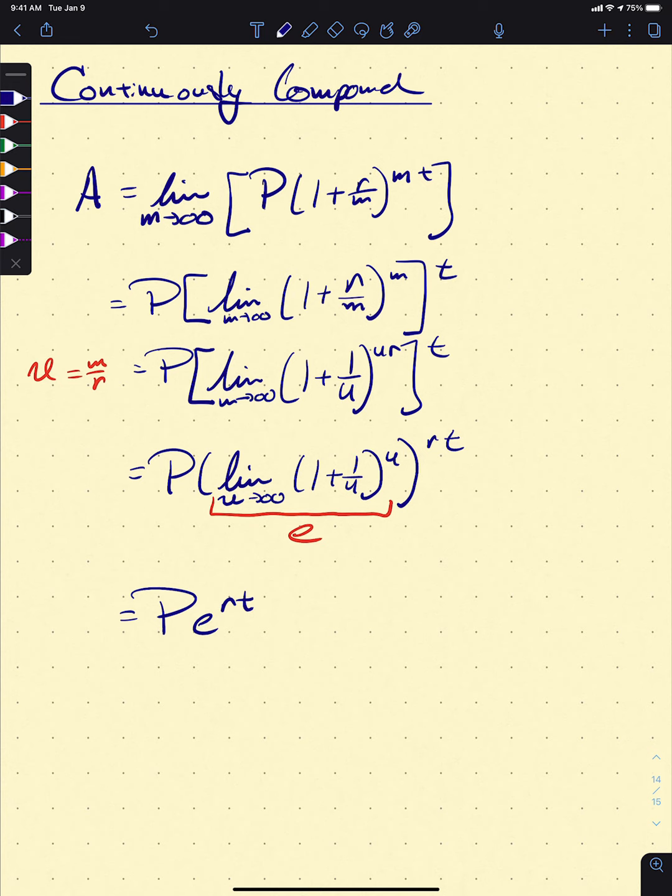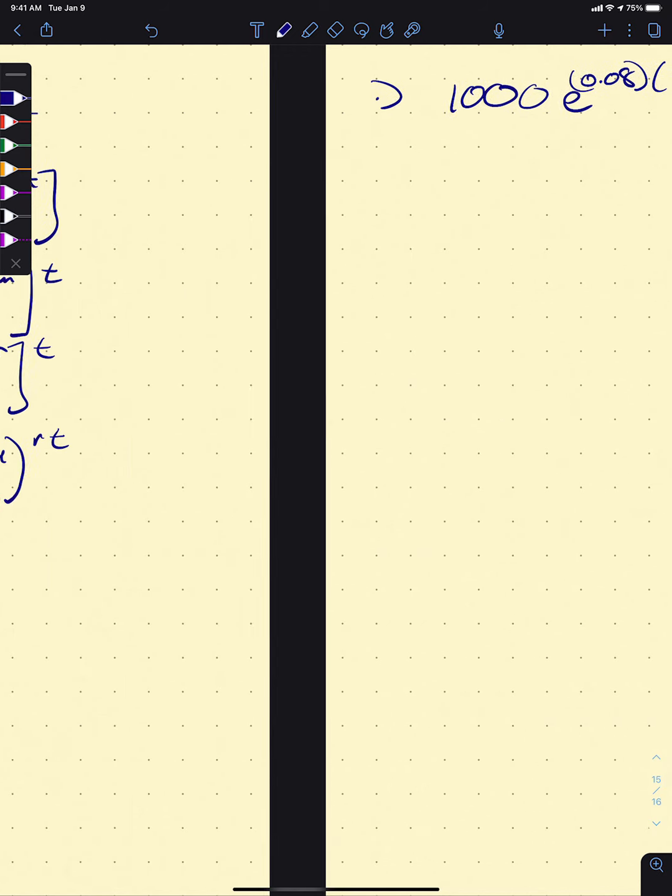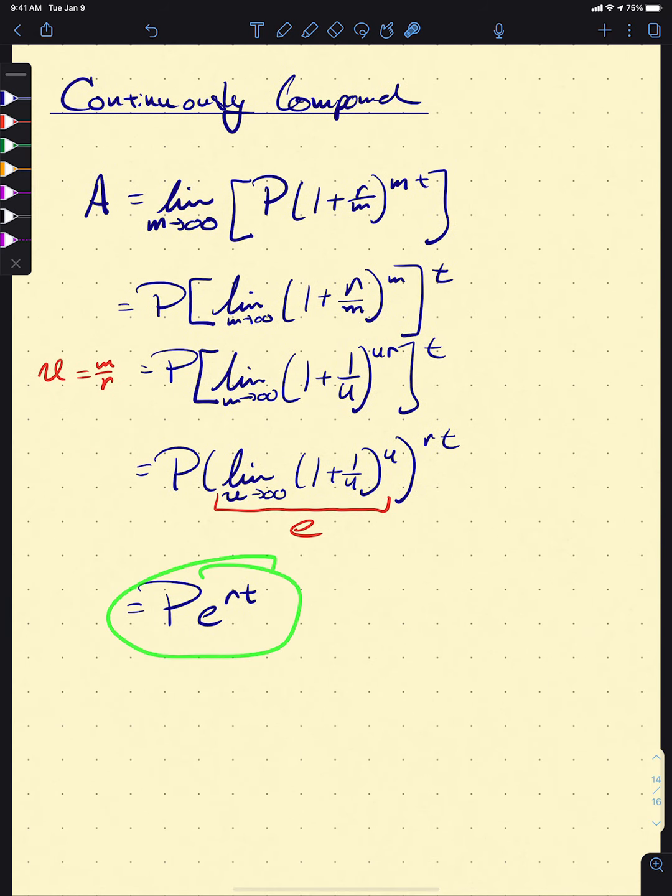And if we go to that previous example that we've been working through for a bit, say my principal is 1,000, my rate is 0.08, and we're going for 3 years, right? This PERT formula is significantly simpler to set up, right?